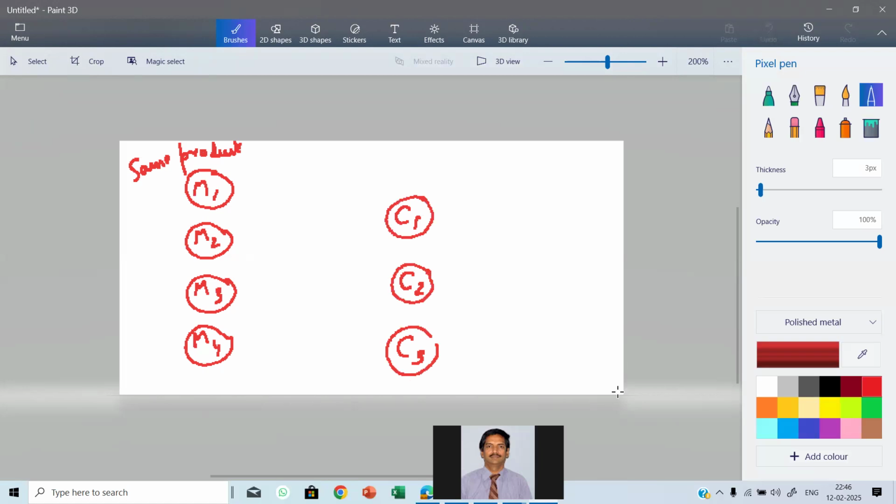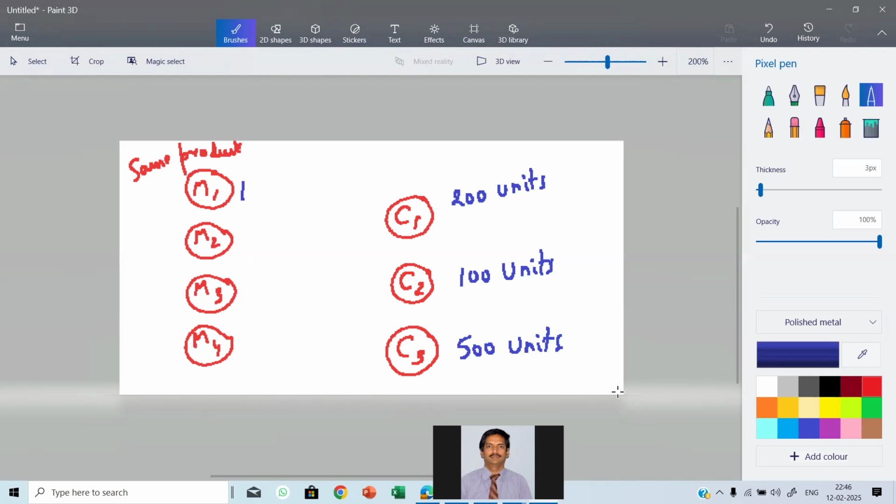Now the preliminary transportation problem is, look here, the C1 customer center has a demand of 200 units. They are giving me a purchase order for 200 units, C2 is giving a purchase order for 100 units, and C3 is giving a purchase order for 500 units. Now, I don't want to keep any inventory in my godown. Whatever the purchase order, the same amount I want to produce. So 200 plus 100, 300 plus 500, it is 800, right?